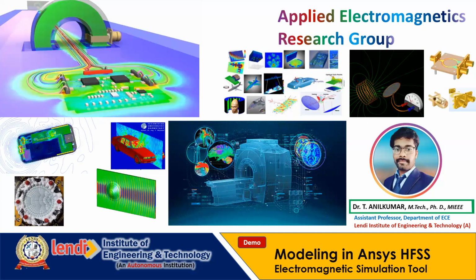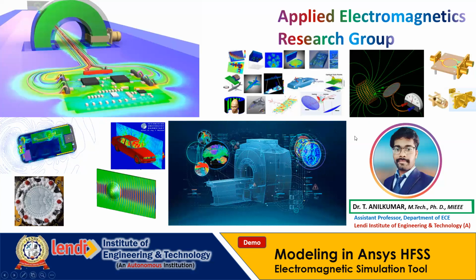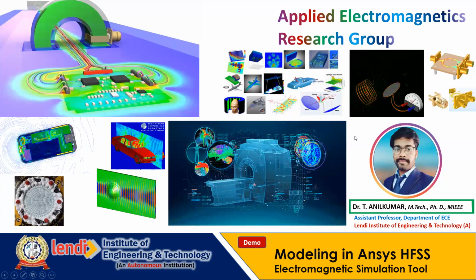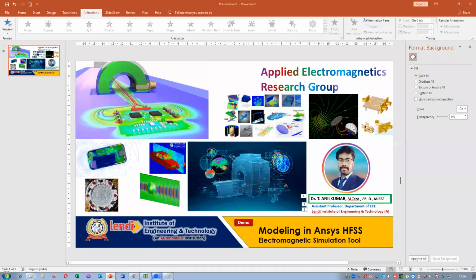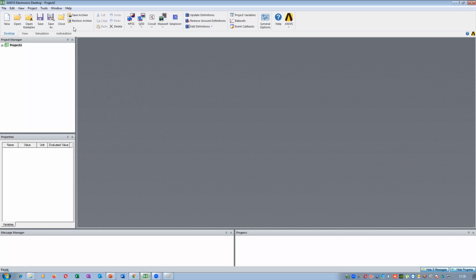Coming to modeling in the Ansys HFSS simulation tool, we are going to focus on this in this session. Let us go to the Ansys HFSS simulation tool first. I am navigating to it through Ansys Electronics Desktop.